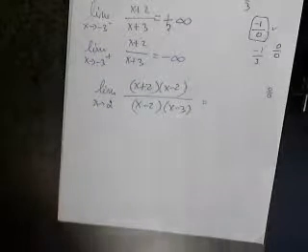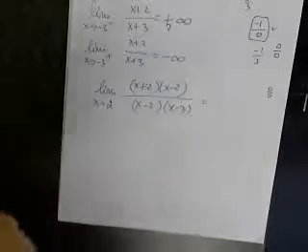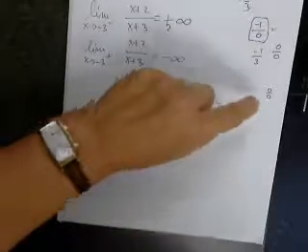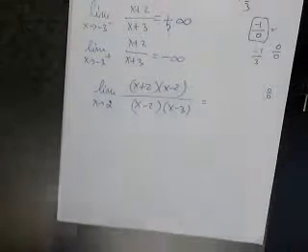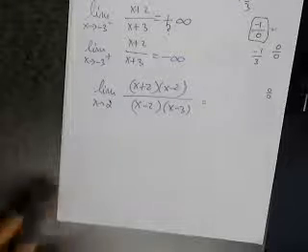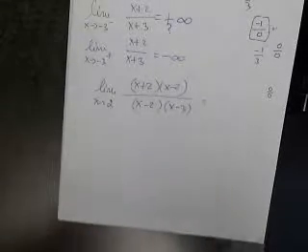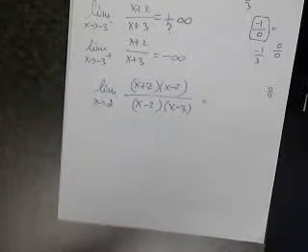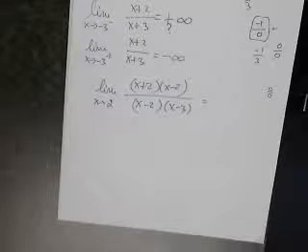So I know that there is hope. Can it still be one of these? Yes, it can still be one of these as the final answer. But since I'm starting with 0 over 0, I know that there is hope. And this we know from pre-calculus: when I plug in 2, if I get 0, what does that mean?